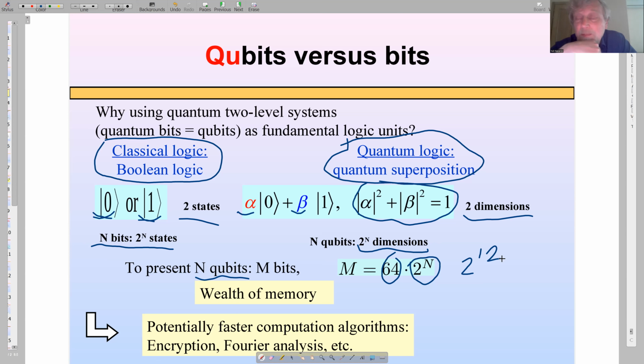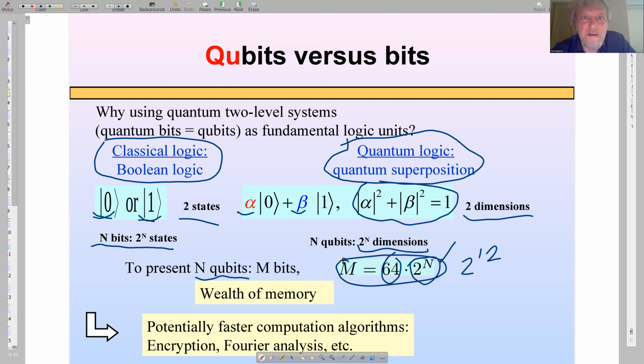And suppose we can just use the wave function of qubits for memory. It means that for a given number of quantum bits, we have that much memory, and that's enormous.